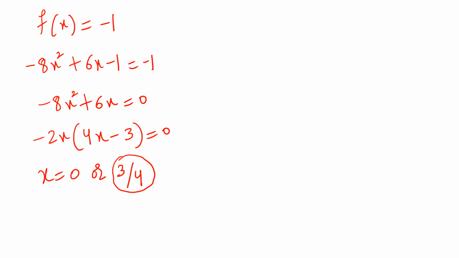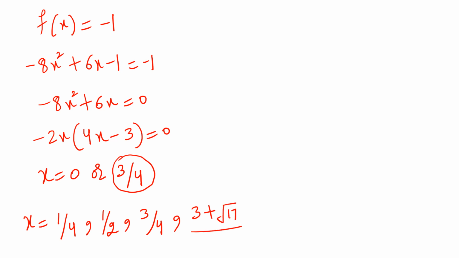Now students, we can easily conclude that in the closed interval 0 to 1, there are four values of x which are 1 upon 4, 1 upon 2, 3 upon 4 and 3 plus root 17 upon 8, at which we will have to break the definite integral.